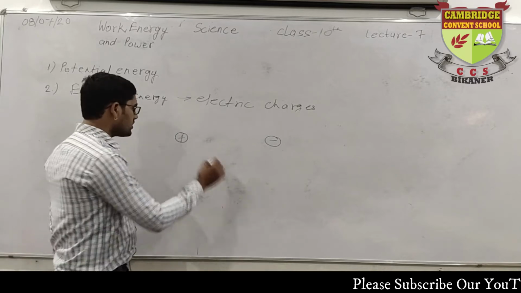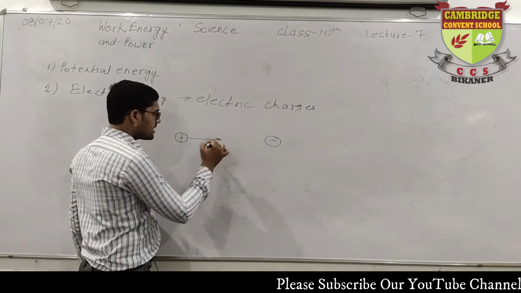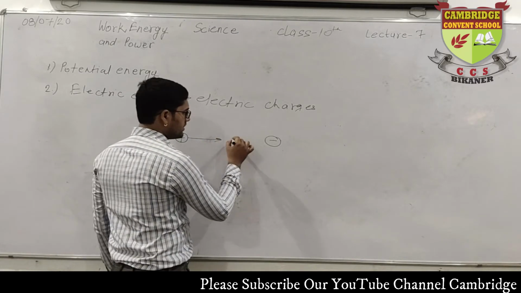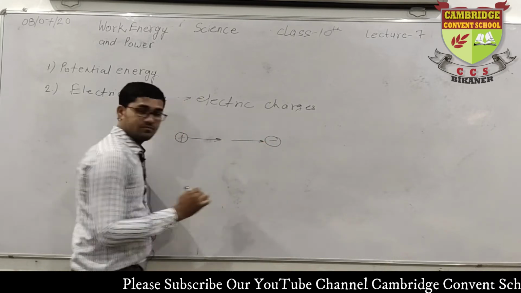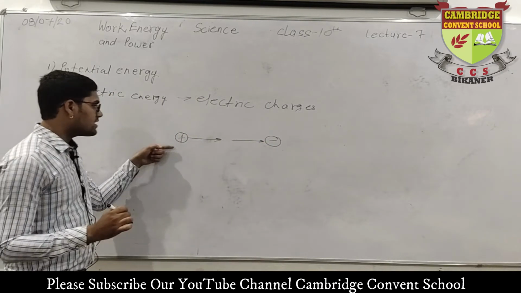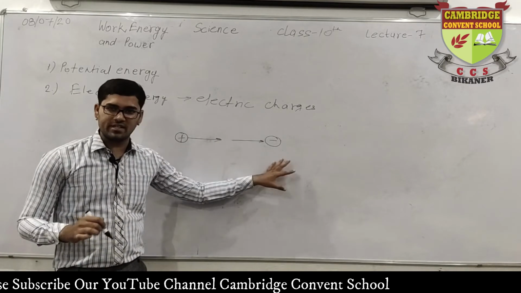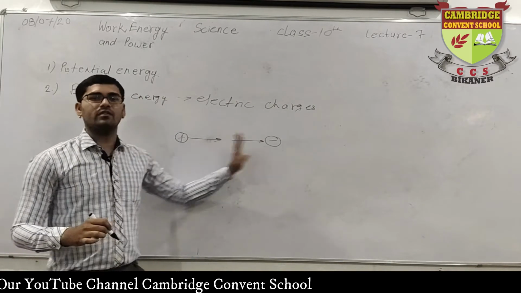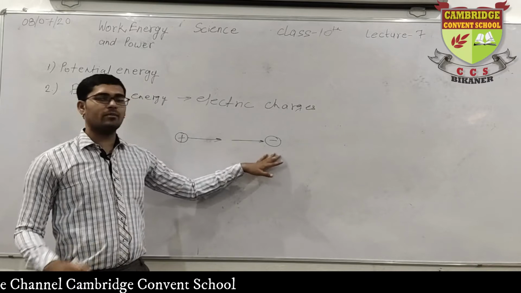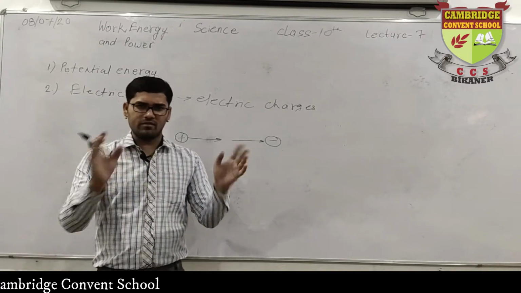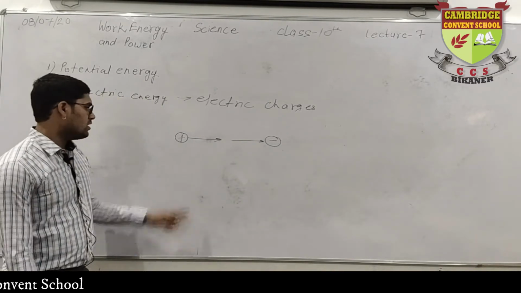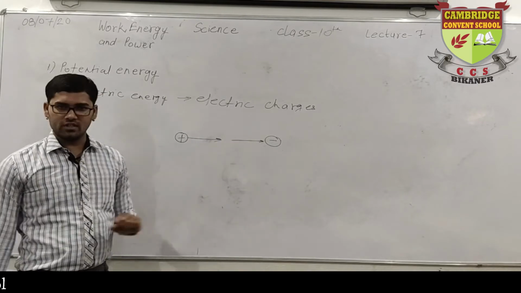So this charge will go in this direction, and the negative charge will attract it. Clear? If two opposite charges, one positive and one negative, are placed at a certain length from each other, what will happen? Both will go near each other.